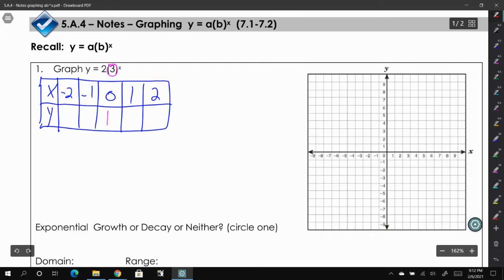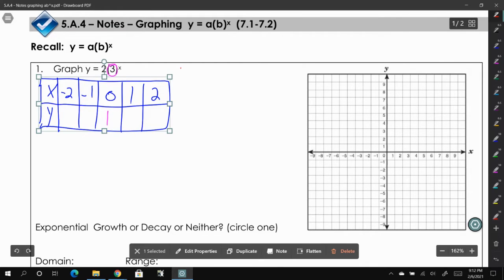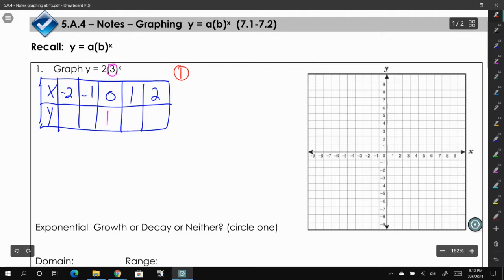So let's write that down over here. Step 1, 0, 1 is in the table.